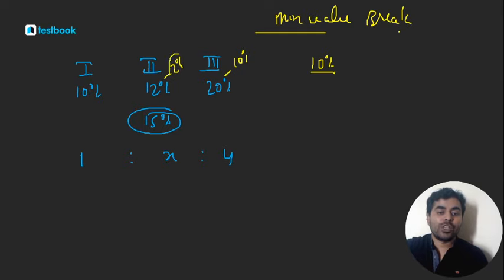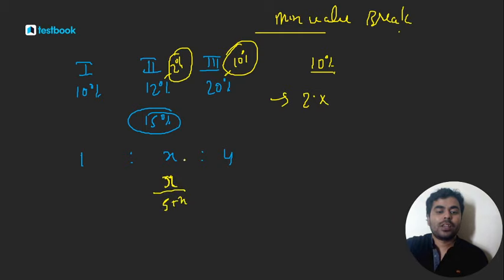These values are responsible for the extra 5%, and this 2% will act according to its strength, that is x by 5 plus x, and this 10% has the strength of 4 by 5 plus x.